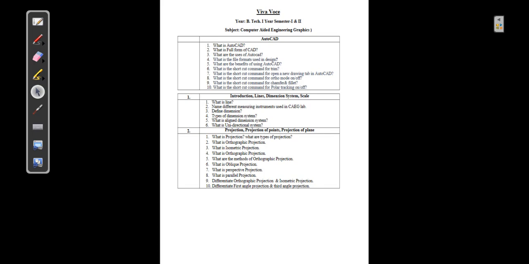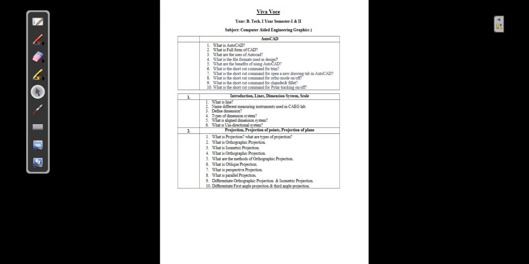These are all the measuring instruments in practical or general drafting technology. And what is dimension? Dimension is just a representation of size, not shape. It is a representation of the sizes, or of the values. That is dimension.